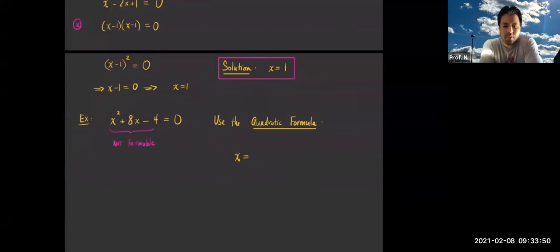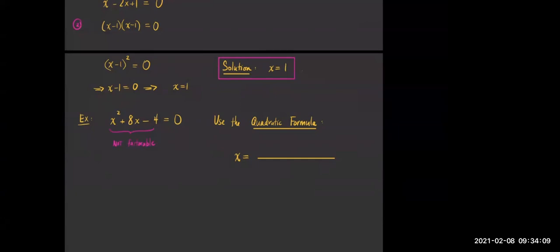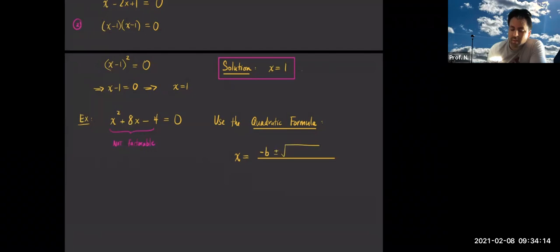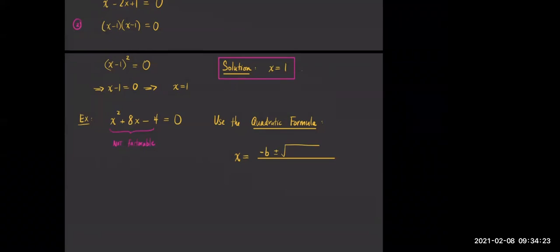Recently, I heard there's a song for it. I did not learn it with the song, but does anybody know the quadratic formula? Is it negative b plus or minus the square root of, what is it? b squared minus 4ac.